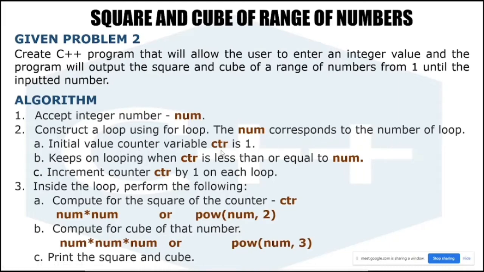We will be using the variable ctr that would serve as a counter. In each loop, we are going to compute the square and cube of the variable ctr. Again, we will be using multiplication and the POW function to compute the square and cube of ctr.